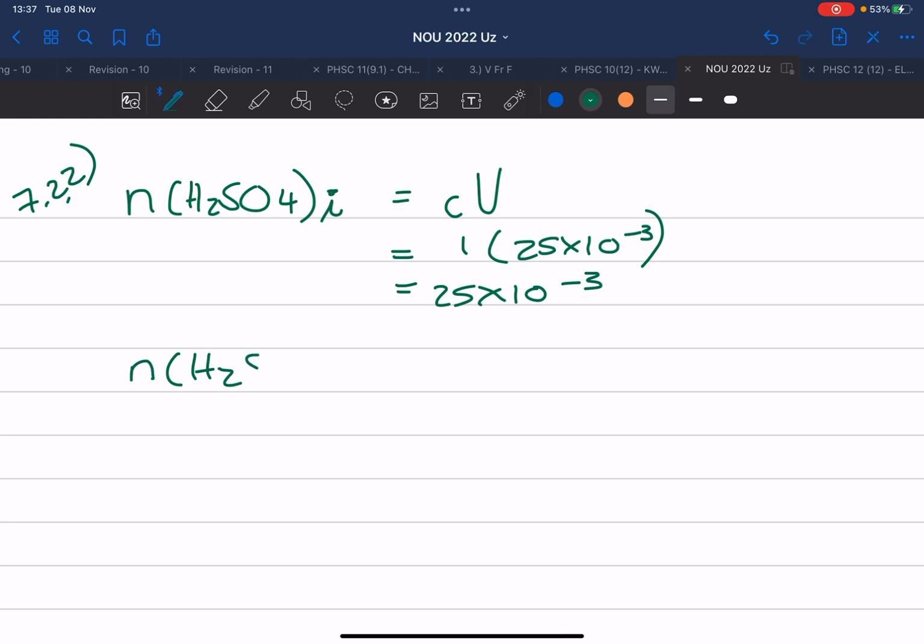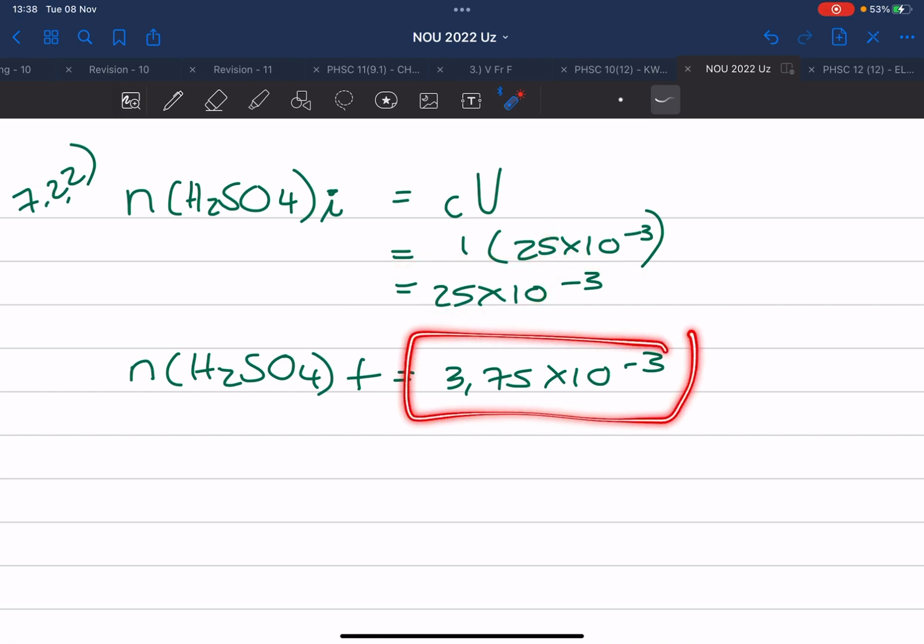Die mol van die swaalsuur aan die einde, that we calculated in the previous question, was 3.75 times 10 to the power negative 3. Nee? Was dit gewees? Ek dink dit was dit. Okay, so dis hoeveel ons aan die begin gehad het, dis hoeveel ons aan die einde het. So nou kan ons gaan uitwerk, maar hoeveel het gereageer? How much of this sulfuric acid reacted?